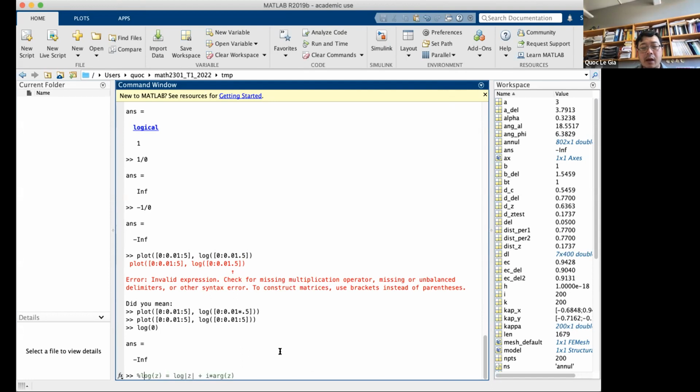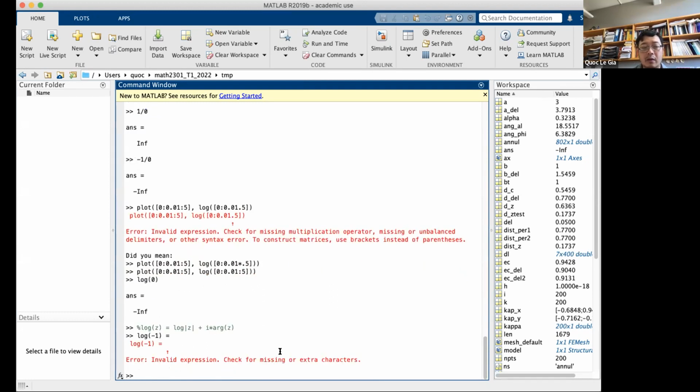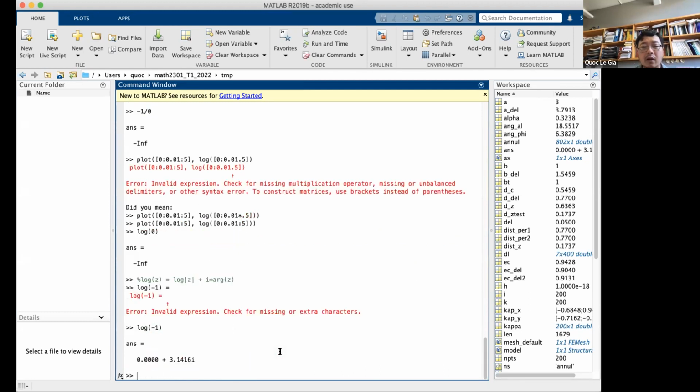If you consider minus 1, it's just a complex number, then logarithm of minus 1 is the logarithm of the absolute value of minus 1, which is logarithm of 1, which is 0.